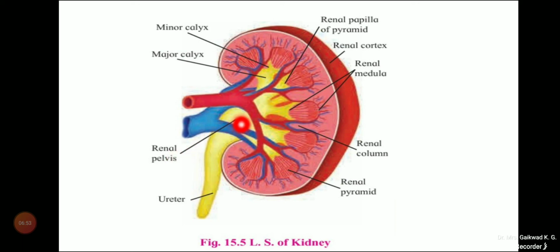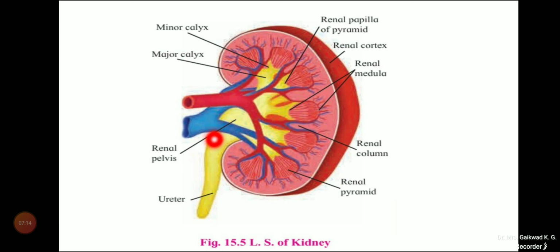So it is about the renal pelvis. The minor calyces are fused to form the major calyces, and these major calyces are fused to form the renal pelvis. The renal pelvis is a funnel shaped area.